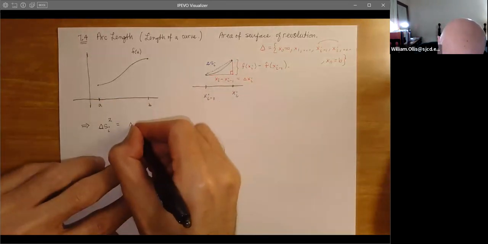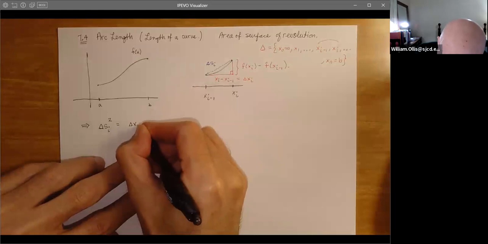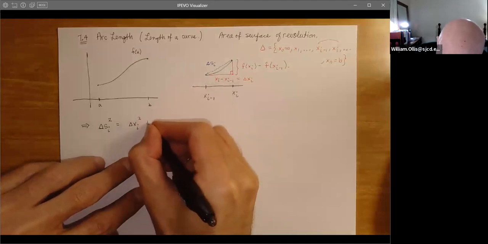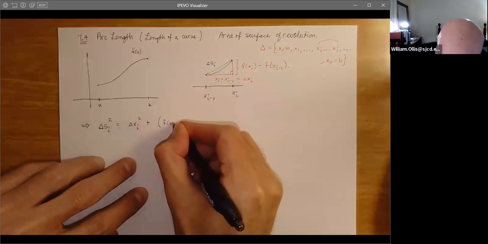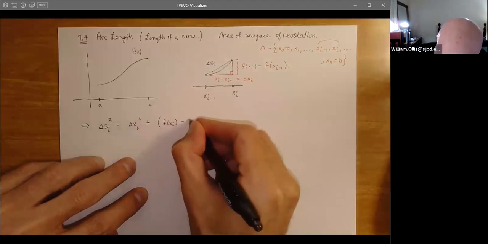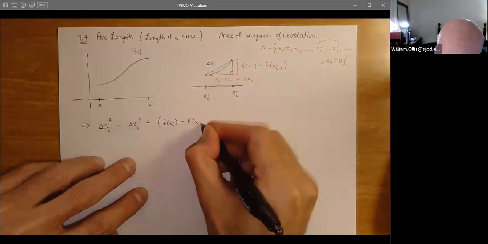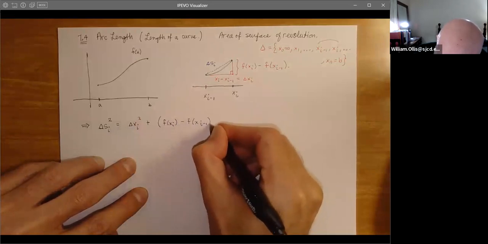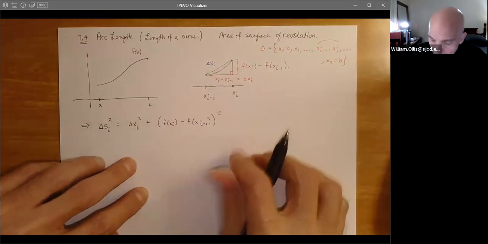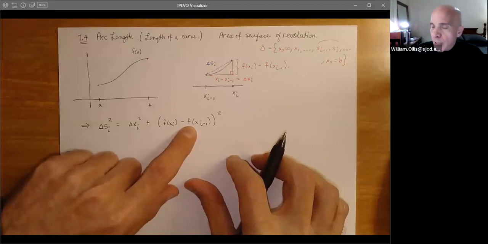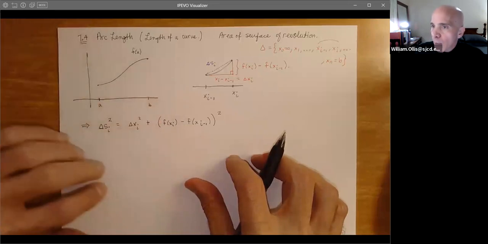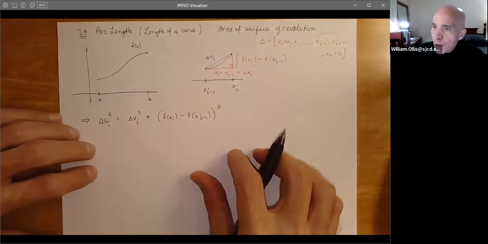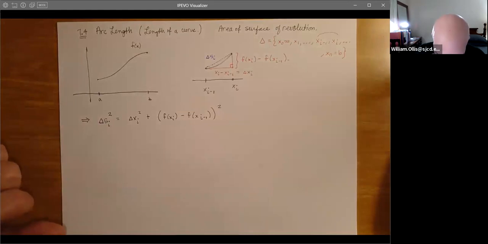So we'll say delta x sub i quantity squared plus f of x sub i minus f of x sub i minus 1, all squared. So again, it doesn't matter here since we're squaring this. If the roles were reversed, no problem. So squaring is a good thing to do to keep track of signs.